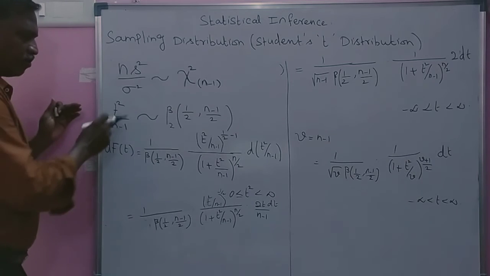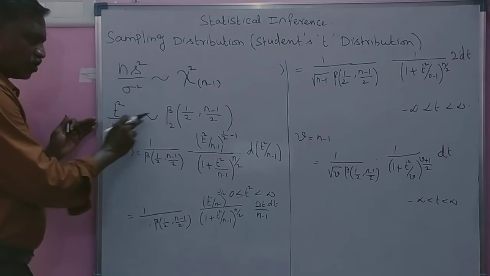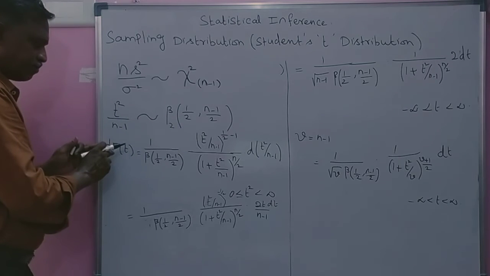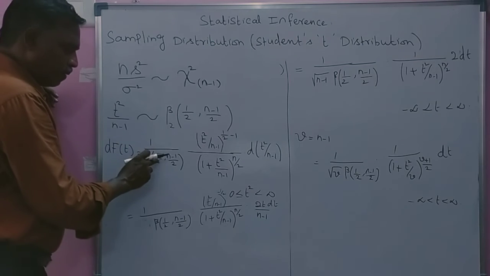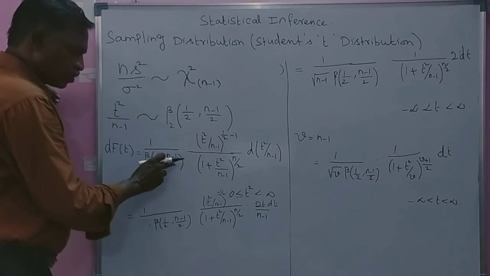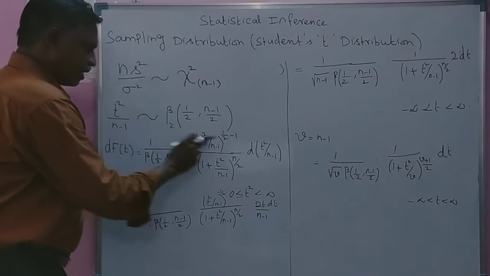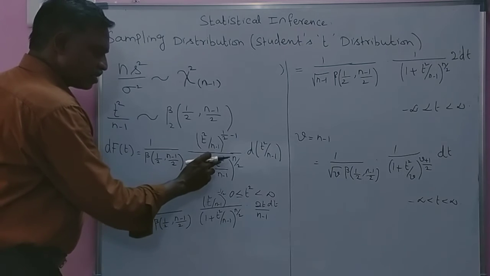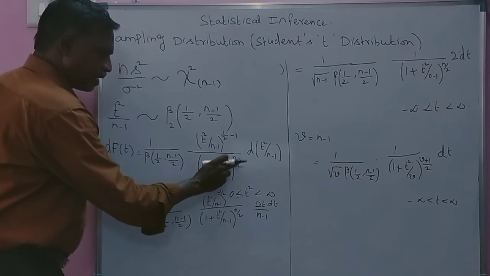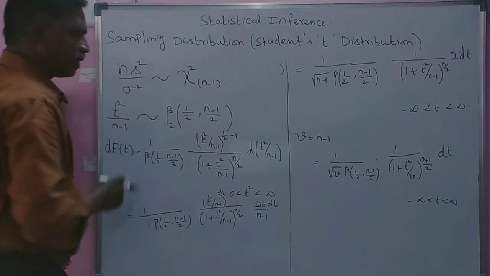So when you write this probability function based on beta 2, the differential probability function of t is equal to 1 by beta of (1 by 2, n minus 1 by 2) into (t square by n minus 1) power 1 by 2 minus 1, divided by (1 plus t square by n minus 1) power n by 2, into d of (t square by n minus 1).